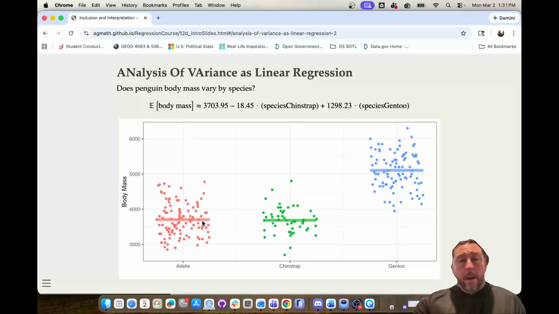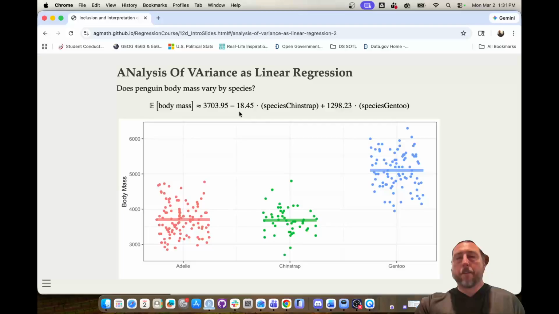The horizontal bars through the midsection of the scatter plots are the model's predicted body mass. So this red one corresponds to the Adelies. That is going to be this 3,703.95 value. Once I move to chinstrap, I have a very similar predicted body mass, just slightly lower.